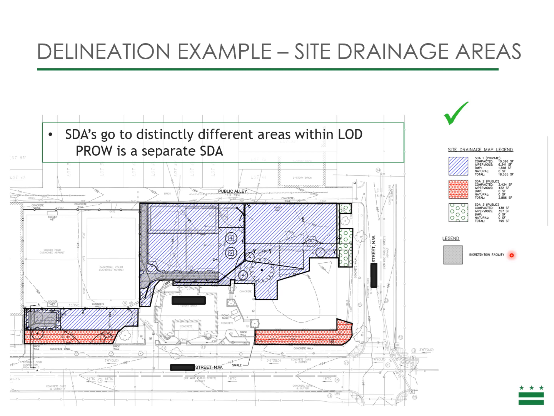So the things to check are that the entire LOD is delineated into site drainage areas. So this darker line here should all be the LOD. Next would be to make sure that each site drainage area either sheet flows to the same direction or flows out of the site through the same pipe.